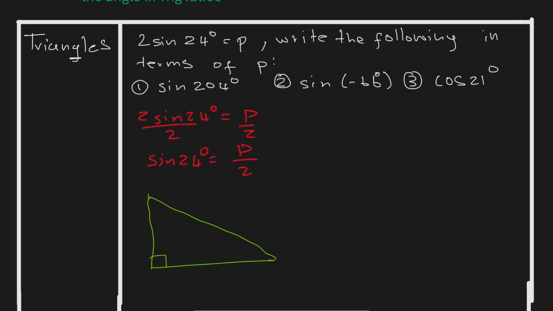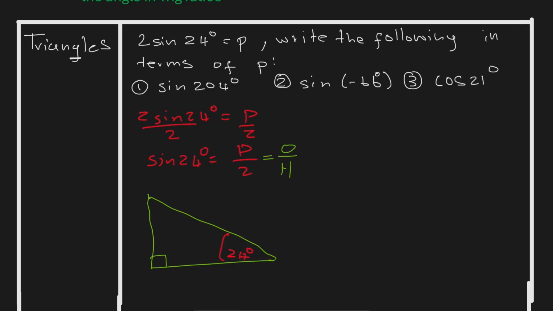What do we know? If we have sin from SOHCAHTOA, it is always opposite over hypotenuse. But remember, for you to label sides such as opposite and adjacent, you need the reference angle. We assume our reference angle is this one here, and we put the 24 there. Now, how do we label this triangle?